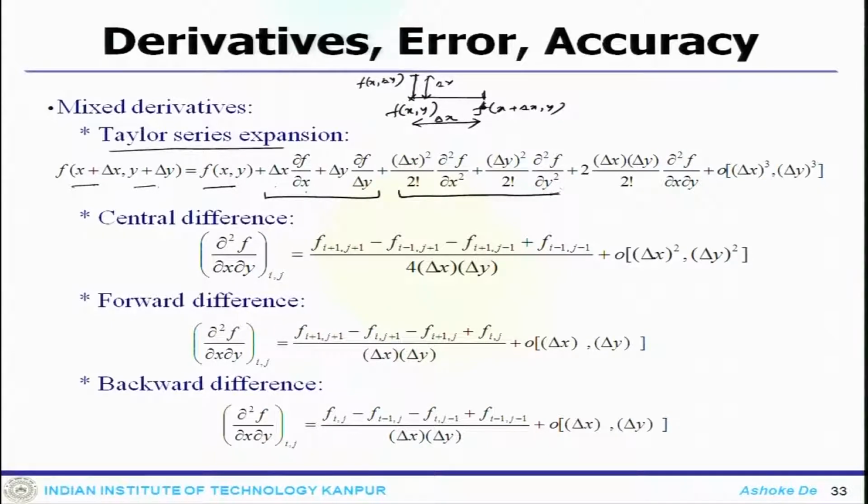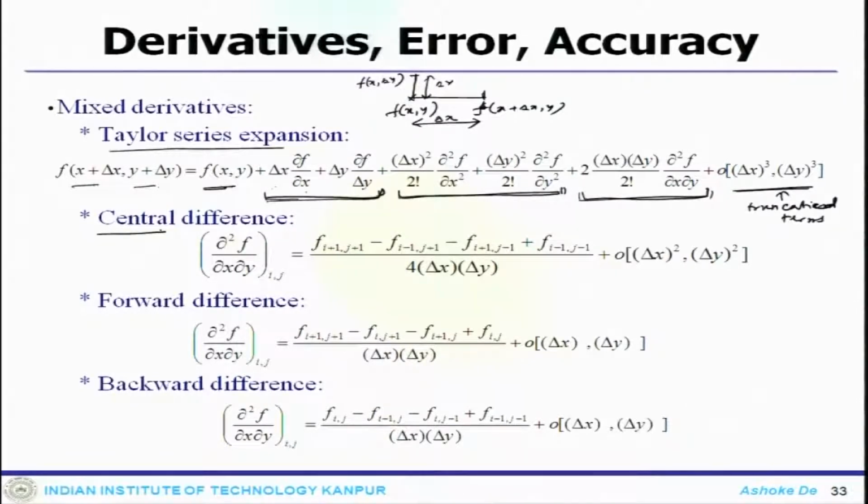This is the term retaining the second derivative, then this retains the cross derivative, then the higher order terms or the truncated terms. So, for the mixed derivative you get a Taylor series expansion like this: f x y, del f by del x, del f by del y as first derivative terms, delta x square by factorial 2 as second derivative, and this is the cross derivative.